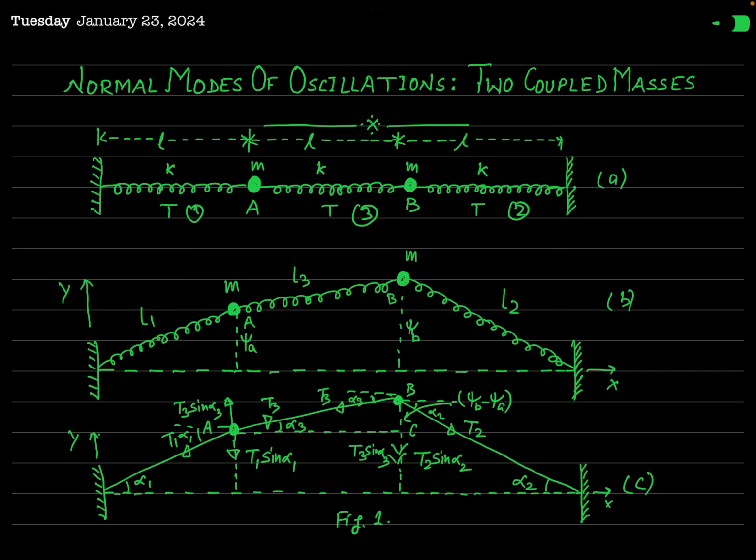In figure A I have shown that the springs are elongated by the same amount in the equilibrium position, so figure A refers to the equilibrium state of our system, in which the length of each spring is equal to L.